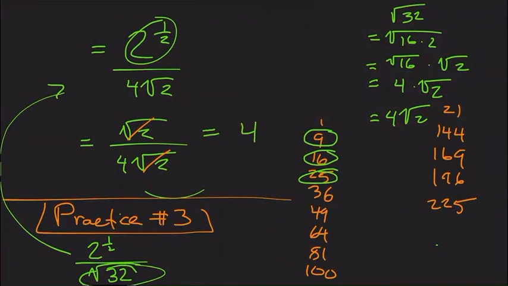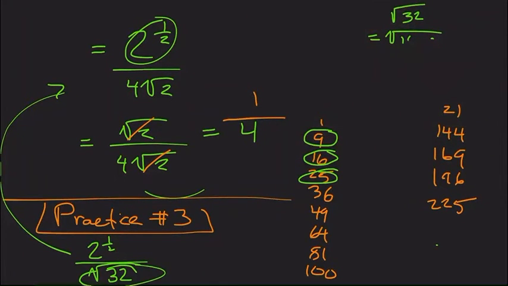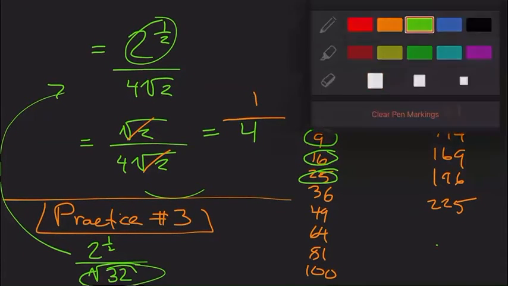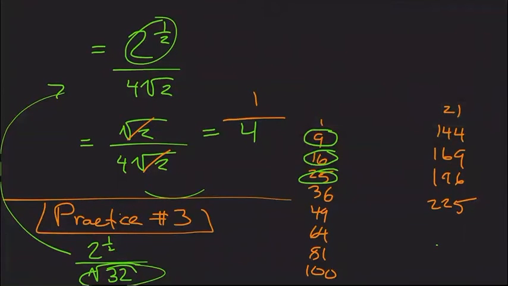careful, our answer is not 4 here. This one has a little twist from the last ones. What is our answer? Not 4. It's going to be 1 over 4. We didn't mention this last time, but technically, when we're simplifying a different one, like say we have 7 rad 2 over rad 2, the rad 2s would cancel, leaving us with just 7.